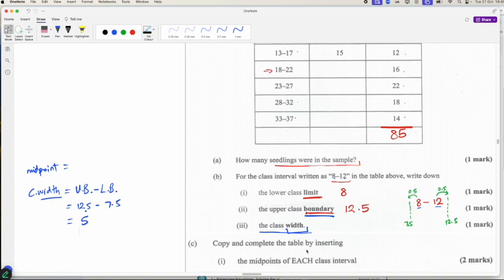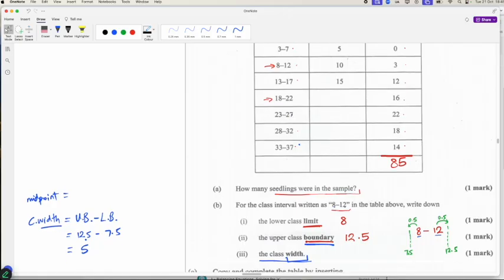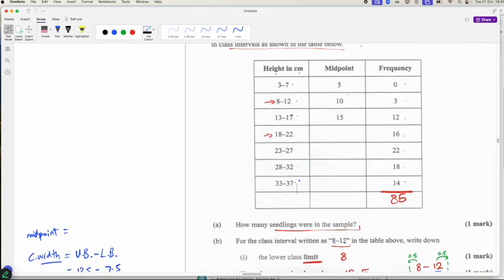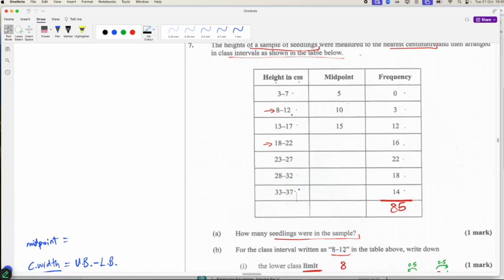Now they say copy and complete the table by inserting the midpoints and the missing values for the class interval after. Oh, so there is another class interval after this. The first thing we have to do is the midpoints, right?